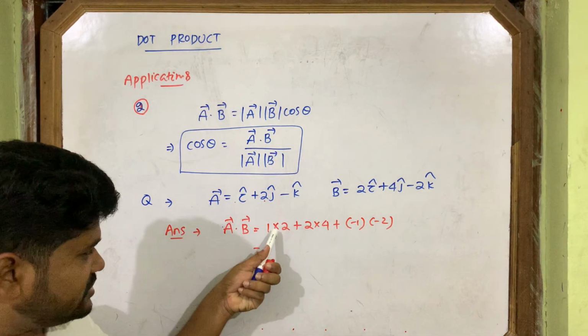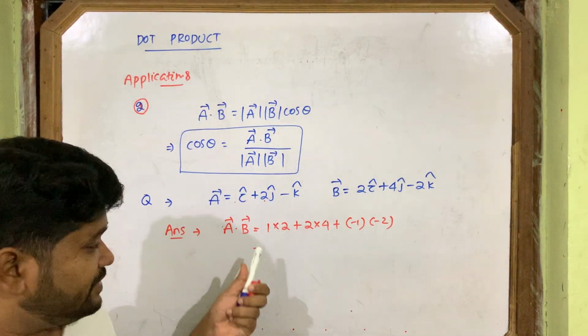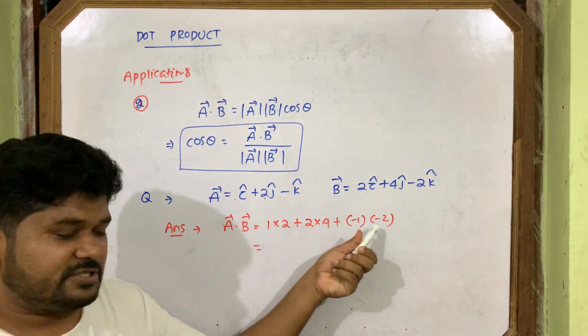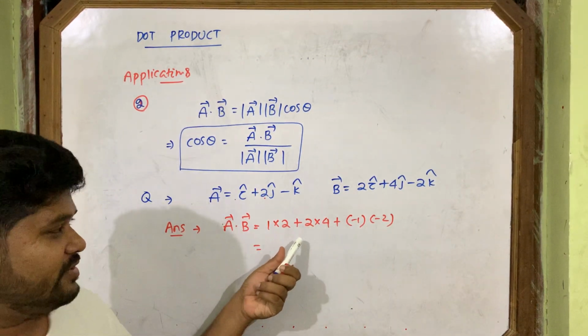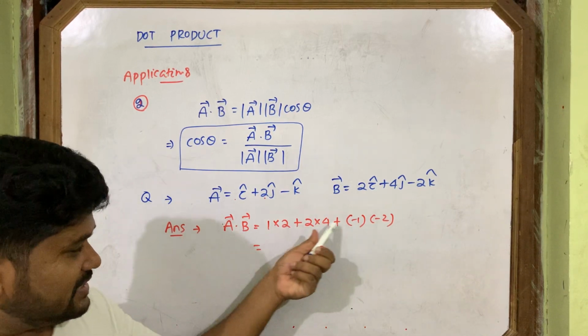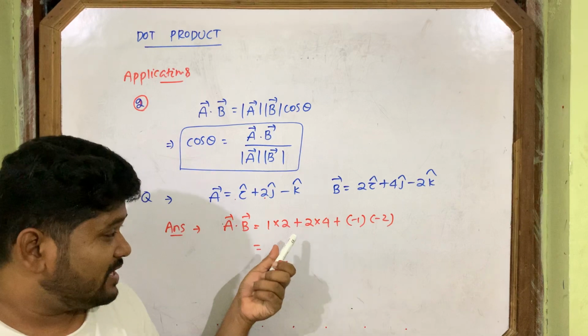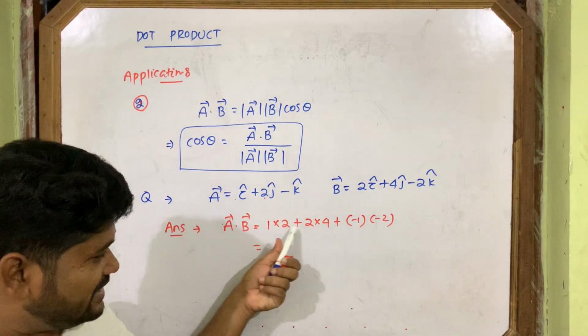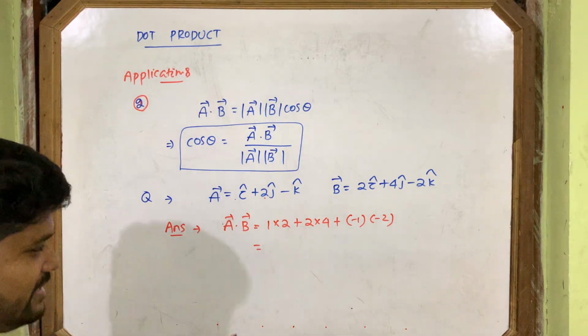I am giving a cross symbol here. Don't get confused, because these are now scalars. When scalars come, you can write any symbol. So you may think that I put a cross symbol in the dot product, but this is the multiplication of scalars. Don't worry, you can write cross here.